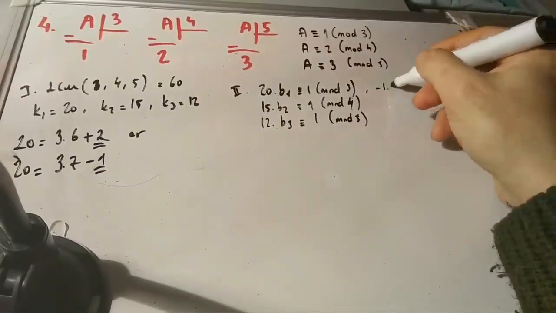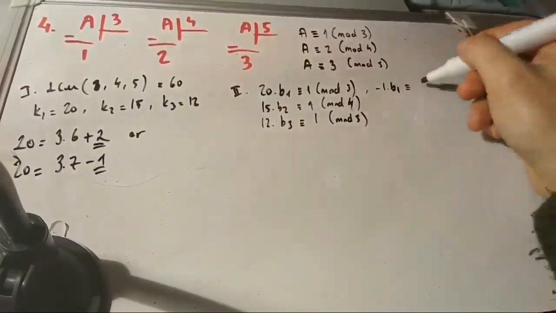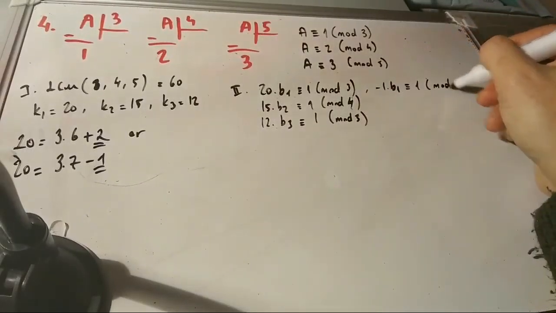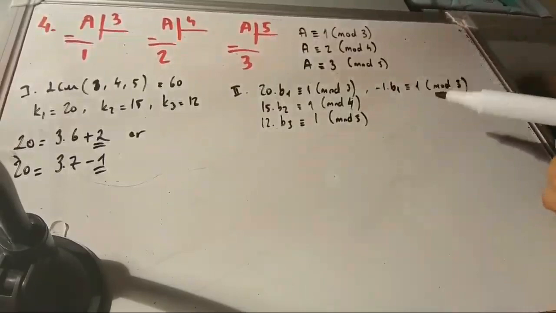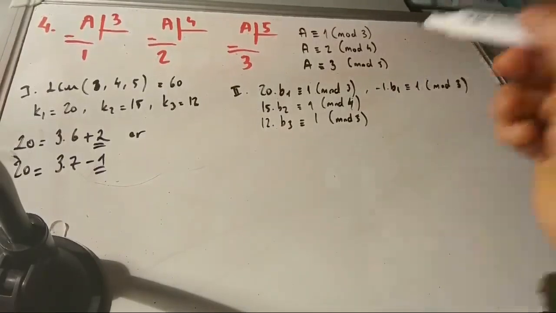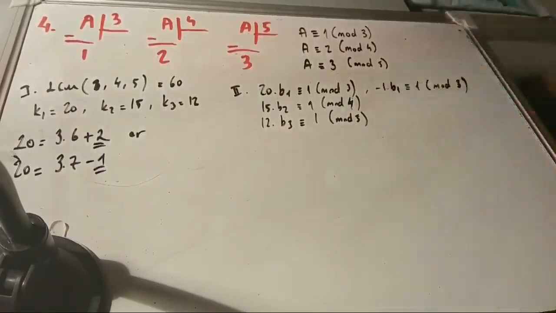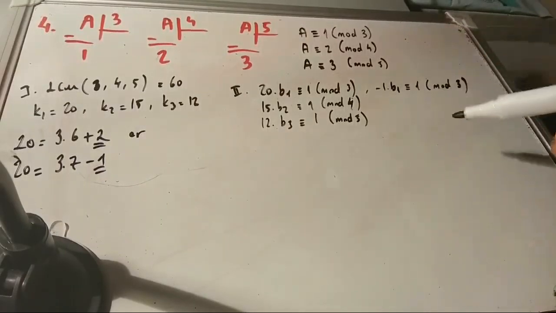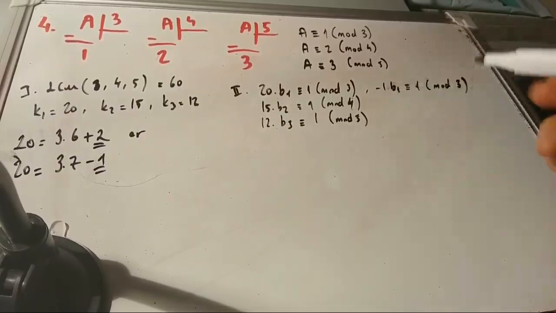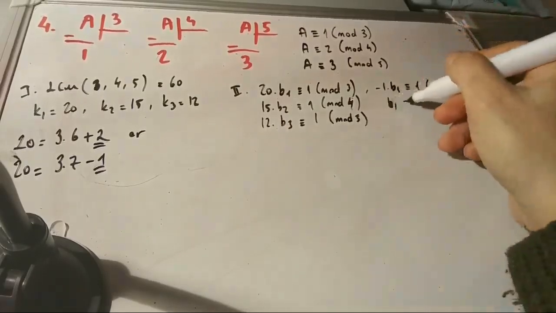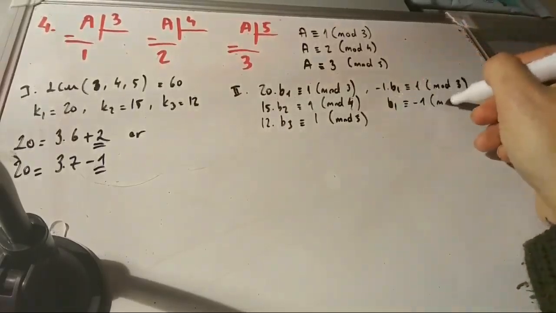Negative 1 times B1 is congruent to 1 in mod 3. But B1 is not isolated because we have to get rid of negative 1. How can we do this? We multiply both sides by negative 1. So B1 is congruent to negative 1 in mod 3.